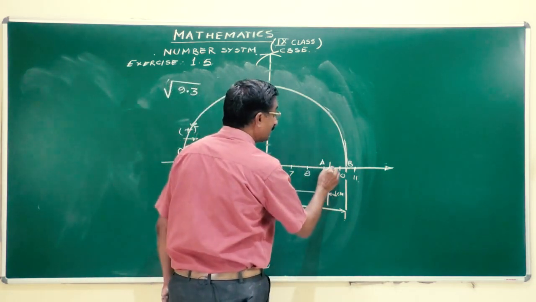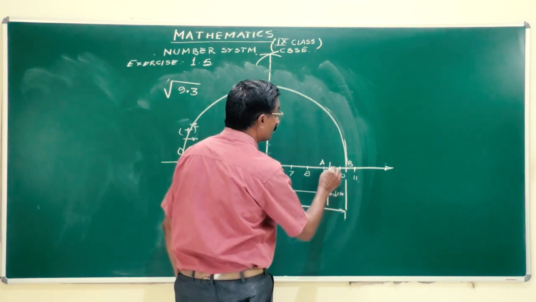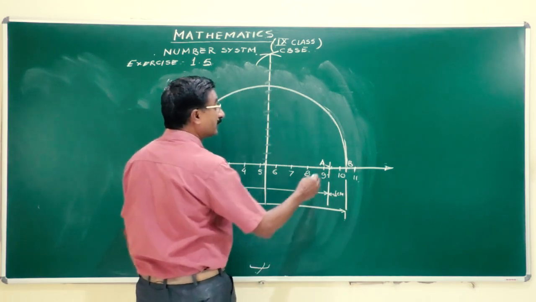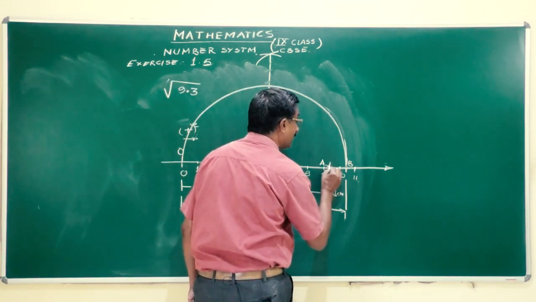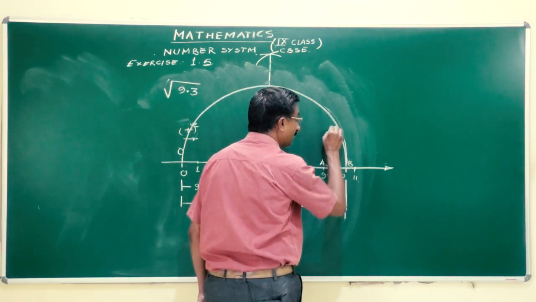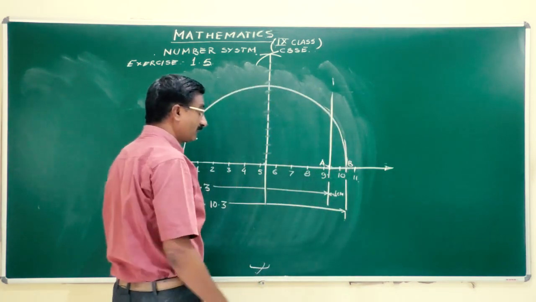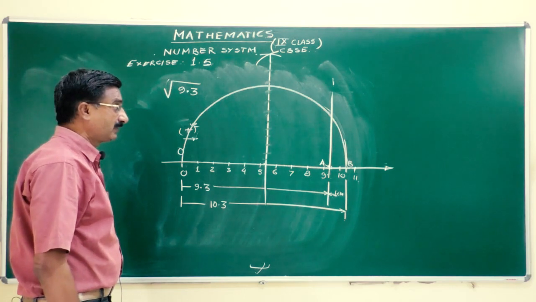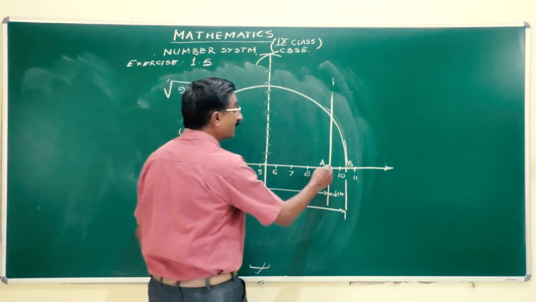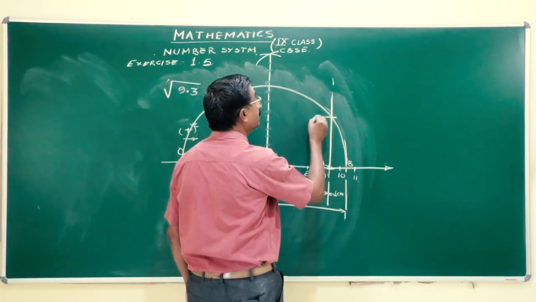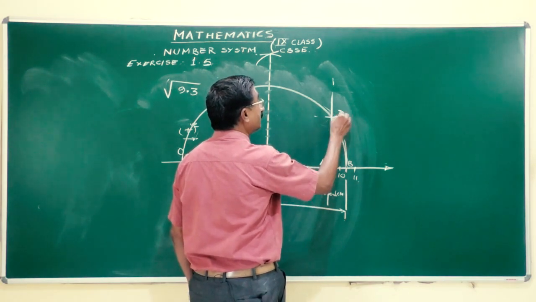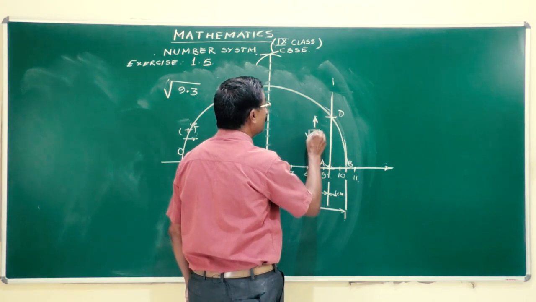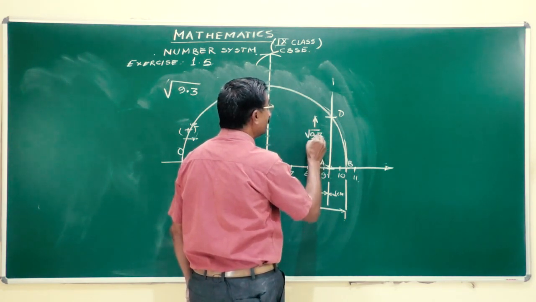At 9.3, this is the point, OA. A is this point. Draw a perpendicular line, and the method of drawing the perpendicular is very well known to you. So this perpendicular distance, call it D, is equal to under root 9.3.